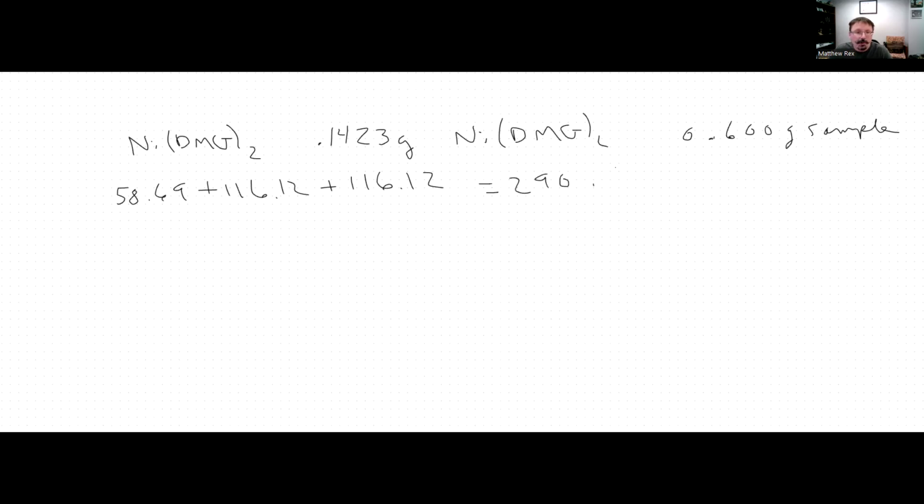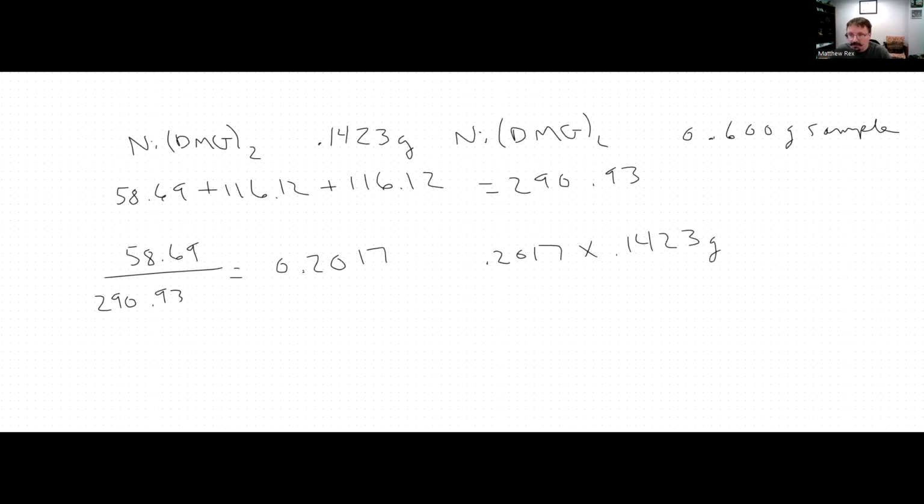Take the nickel, the part of interest, there's one in each of these complexes, divided by the mass of the whole complex. And we can see that this is approximately 20.17% nickel.